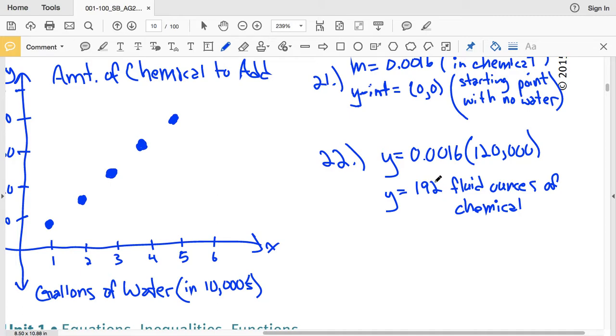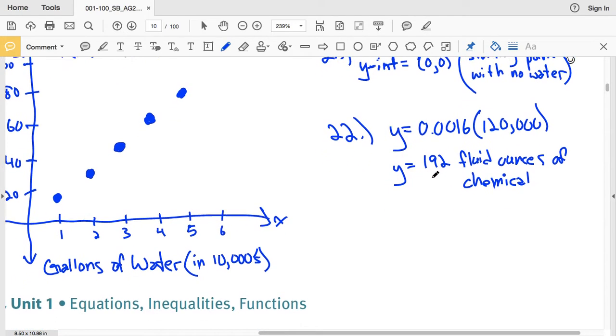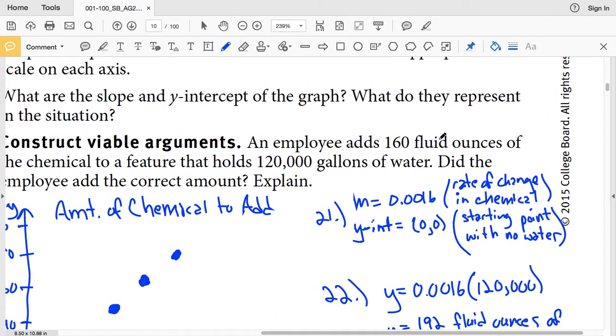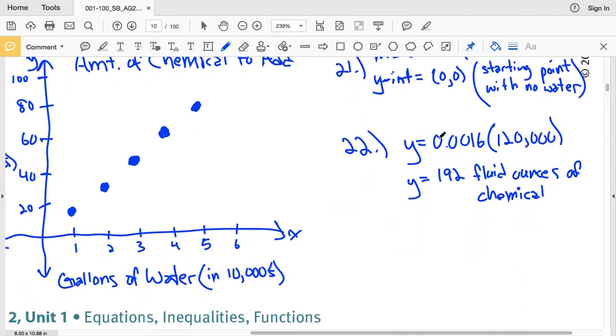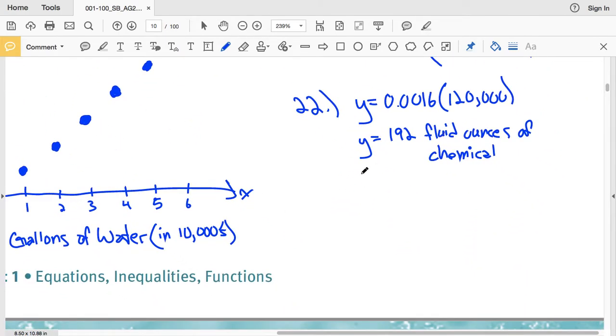Which is not how much they added, right? How much did they add? Well, they added 160 fluid ounces, so they were short. So we'll say no. They should have added 192 fluid ounces of chemical.